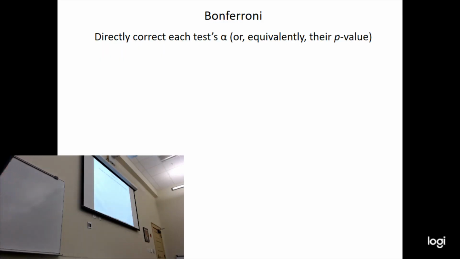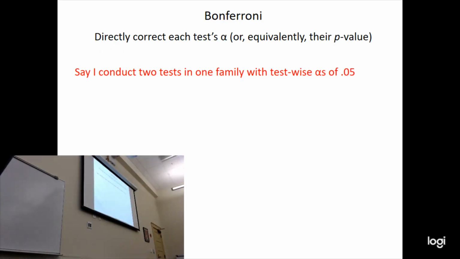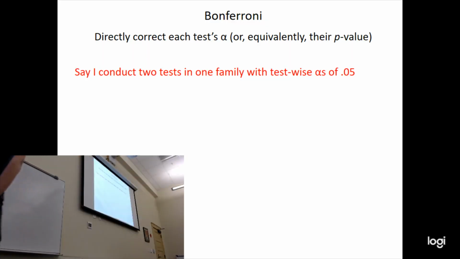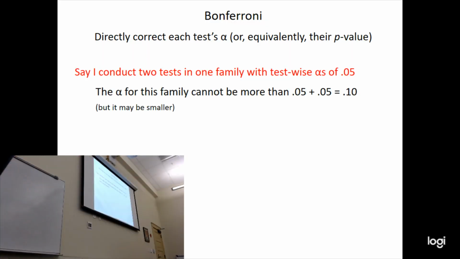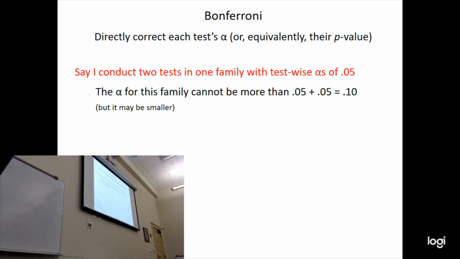The logic behind this is that, let's say I do 2 tests, and those are all the tests that belong in the family I'm interested in. I want to make sure that the alpha level for that family is 0.05.